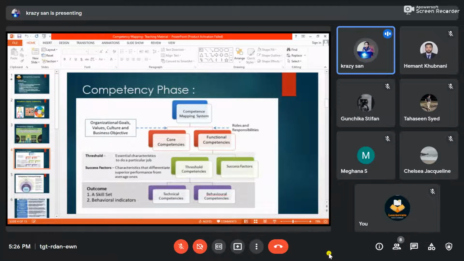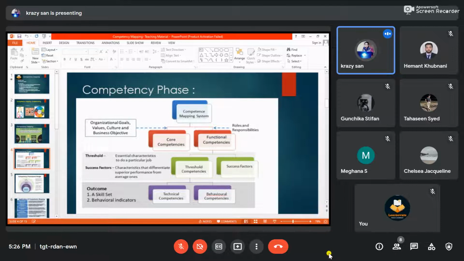These competency phases have to be followed in an organization in order to achieve the utmost goal and success of the organization. Basically, an organization has certain goals and succession planning. The employee, or HR, also has a particular goal and succession to achieve in his career and personal life.